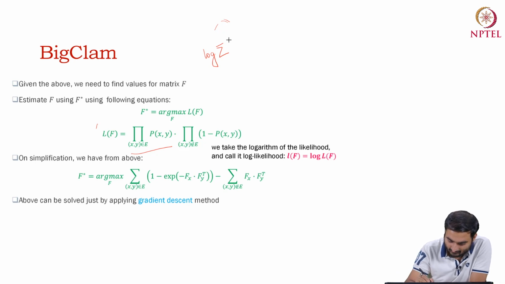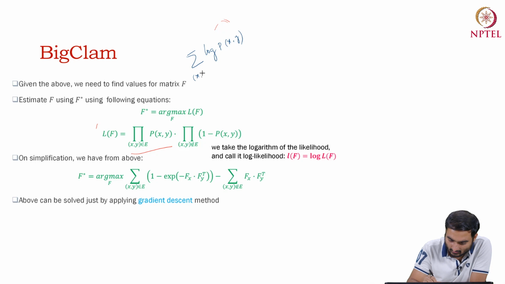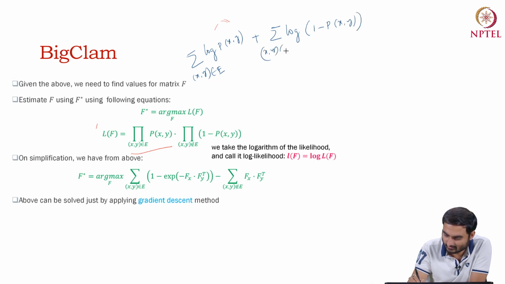So this would be the sum of log of p of xy over all xy belonging to E, plus the sum of log of 1 minus p xy for all such xy which do not belong to E.